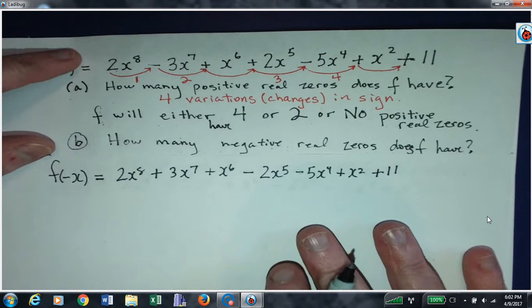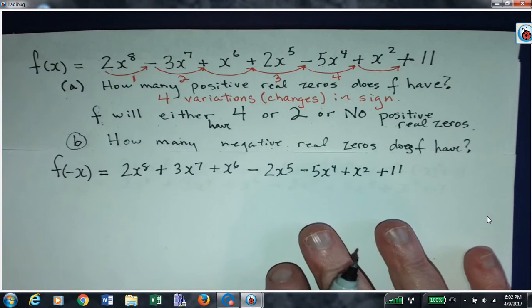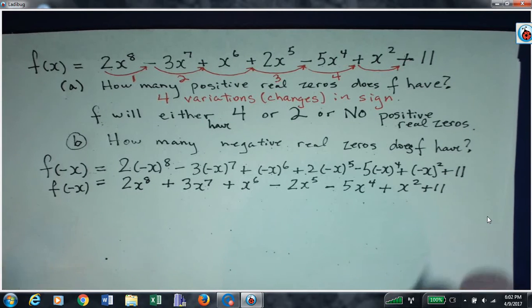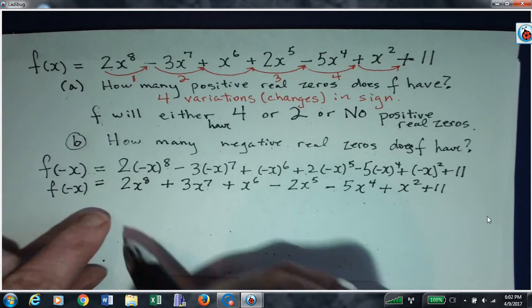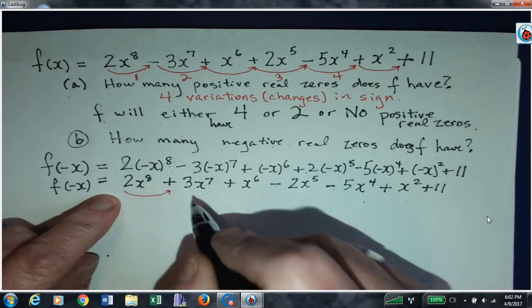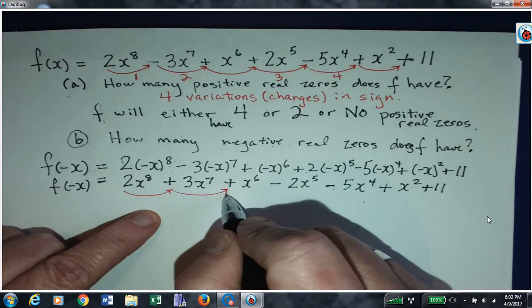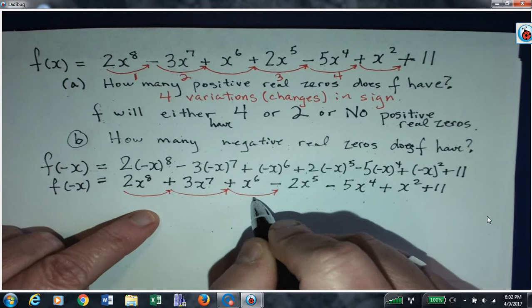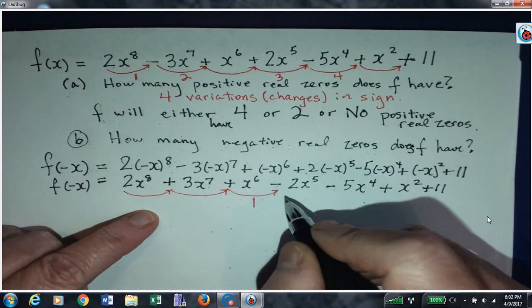Okay. So, I'll take this sheet off. So we're here. Now let's do the test. Let's count how many variations in sign, how many changes of sign we have. I go from positive to positive, no change. Positive to positive, no change. Positive to negative, that is a change, and that's my first change.